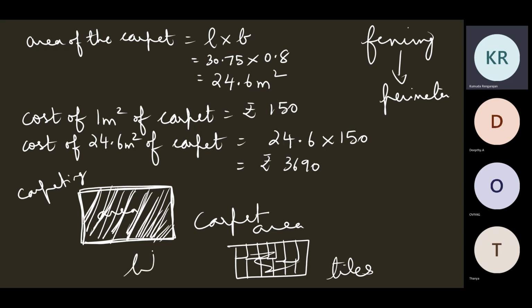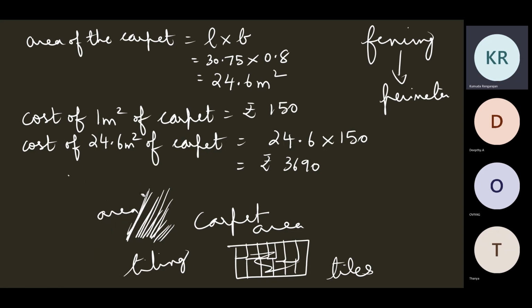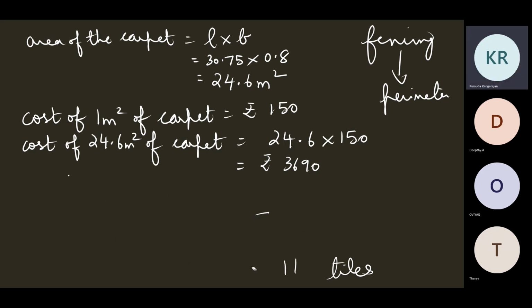So tiling activity, carpeting activity, all this has got to do with the area of the floor or the area of the rectangle or the square. Fencing is about the perimeter of the square or the rectangle. So here we need to find the cost of the carpet. Since it's about the area, you need to find the area of the floor.